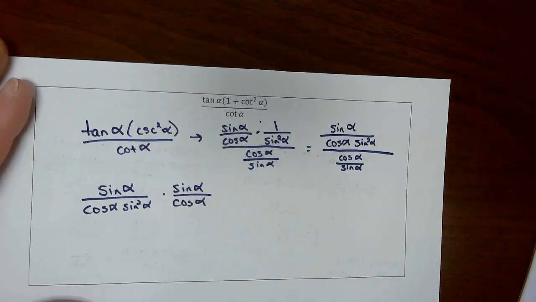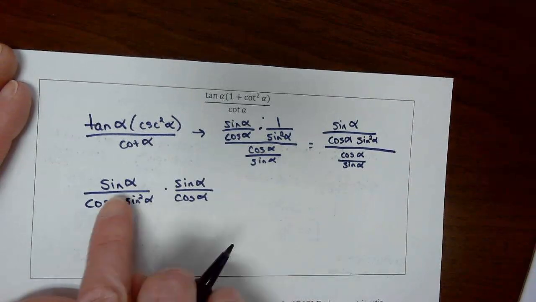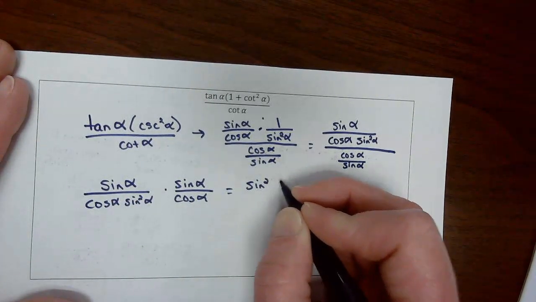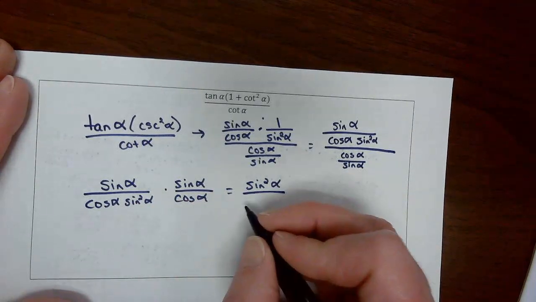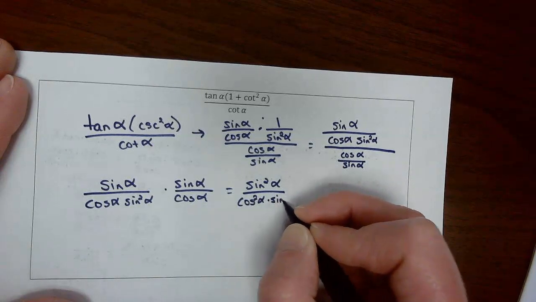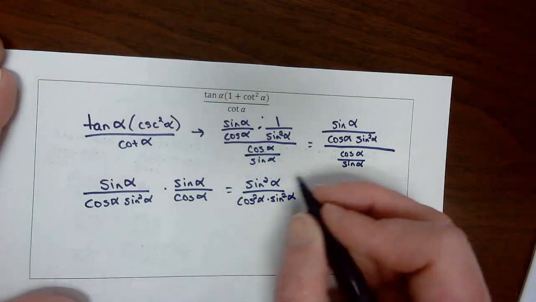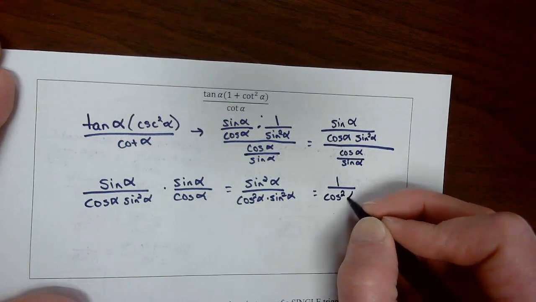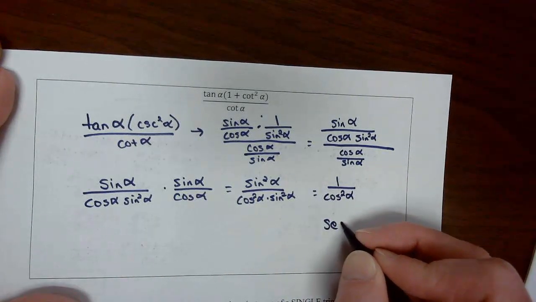And let's see if anything happens here. Well, that's just really sine squared. I'd have cosine times cosine times sine squared. Well, those just cancel. 1 over cosine squared, which would be secant squared.